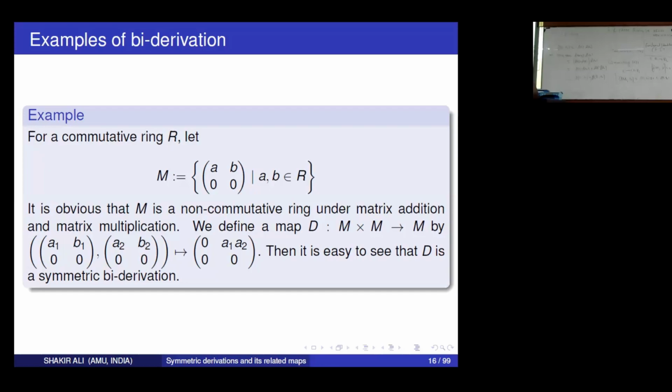Again the matrix has the same meaning. We take some element from here and some element from here, and then we operate. That means this capital D of this complex.